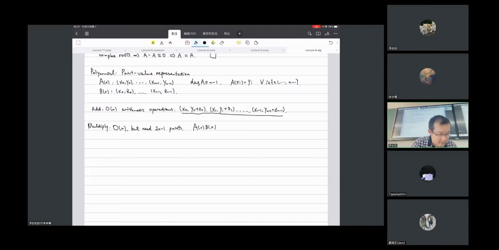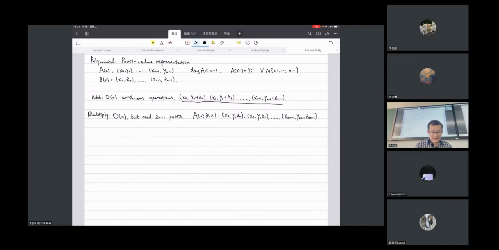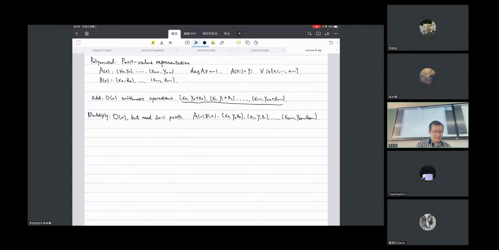But nevertheless, A(x) and B(x) can be completely pinned down by a group of points where you have x0 and y0 times z0, x1 and y1 times z1, until x(2n-1) with the corresponding function value y(2n-1) times z(2n-1). So this is very straightforward in the multiplication form. For multiplication in the point value representation, this only takes linear cost.